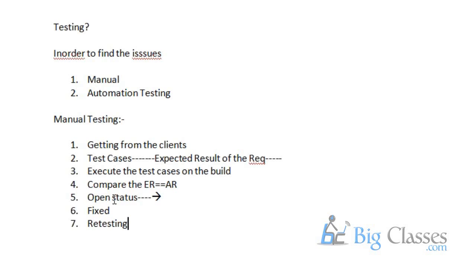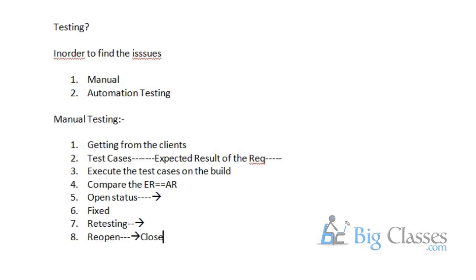That is called retesting. In the retesting, if it is still reproducible, you need to reopen the bug. If it is not reproducible, you need to close the bug. You have two ways after retesting: reopen or close.